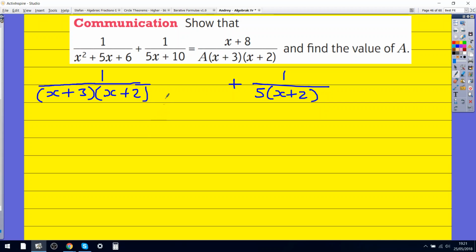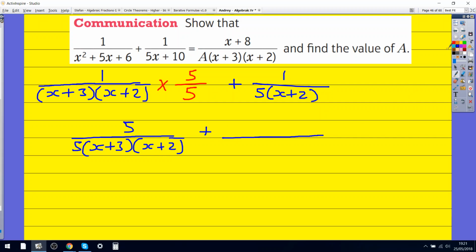For the fraction on the left, if I times it by 5, I'd get 5 over x plus 3, x plus 2 and 5. I'll just write the 5 at the start, that's how they usually write it. And for the fraction on the right, it would be x plus 3 over 5, and then brackets x plus 2 and x plus 3.